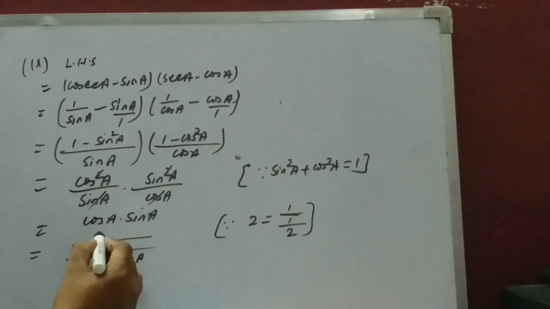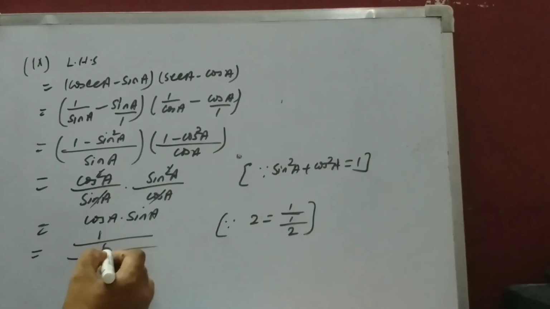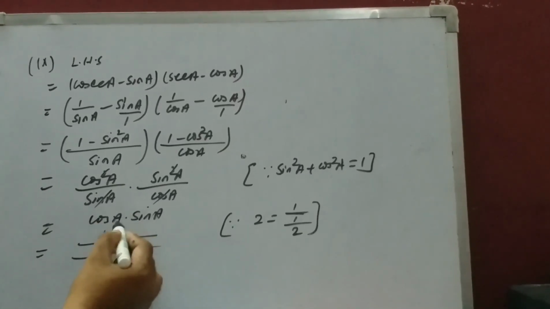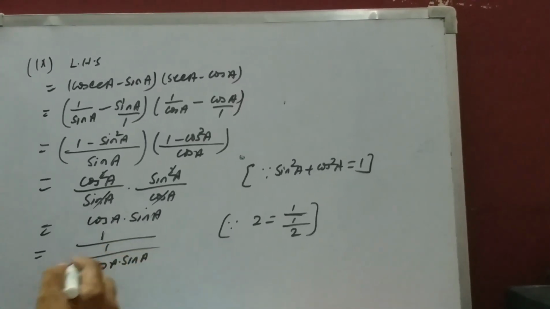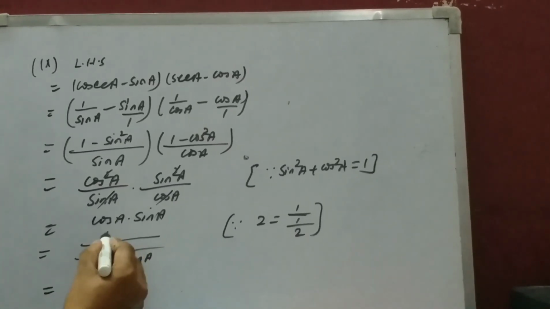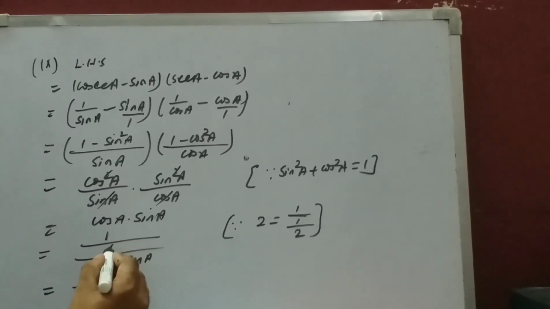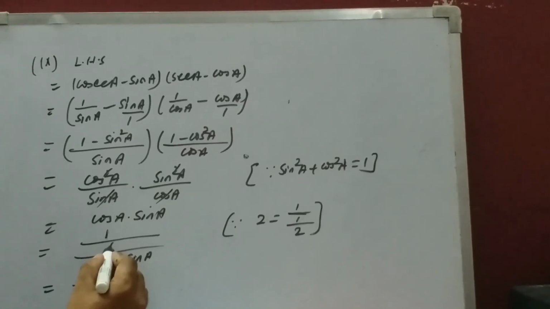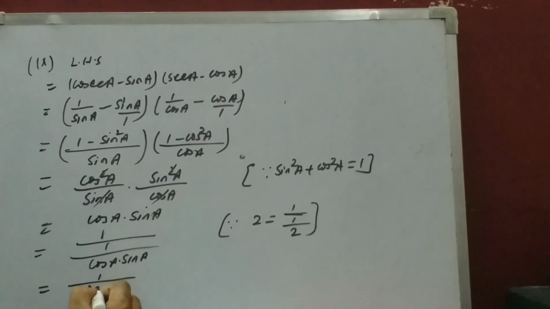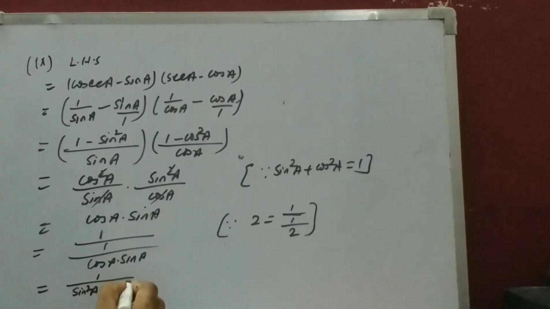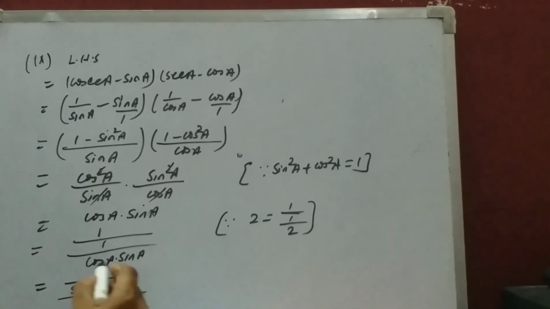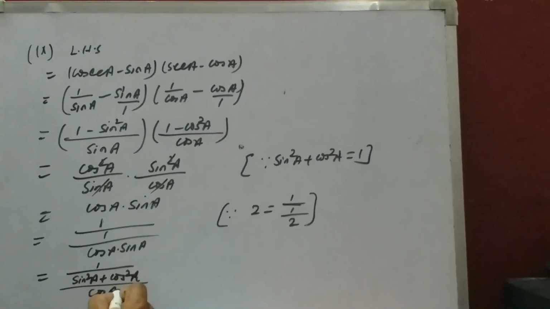So I have written here 1, and when you write 1 here, the remaining things will be written like this. So don't change it, because this is the requirement of RHS. For this one you will write sin square A plus cos square A, over cos A into sin A.